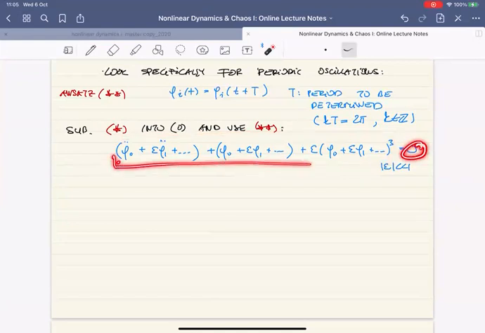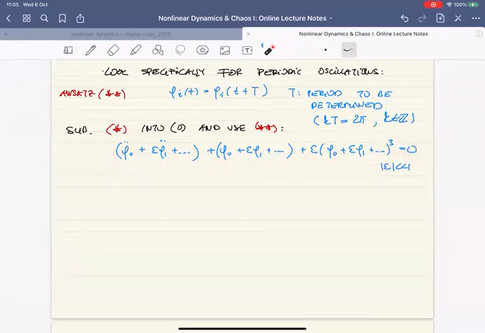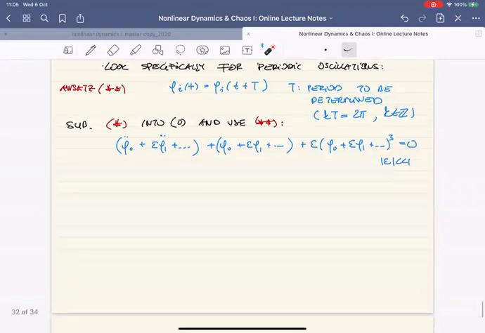So whatever I have must be identically 0 as well. When I view this as a Taylor expansion with time-dependent coefficients, which it is, then each and every coefficient must vanish, because this must hold for any value of epsilon. If I have a Taylor expansion with respect to epsilon with those coefficients, then the only way it can be identically 0 for arbitrary small values of epsilon.